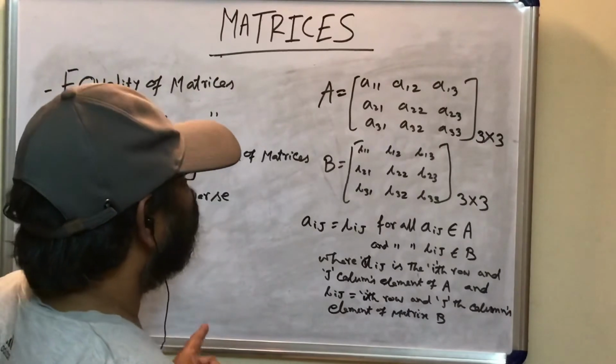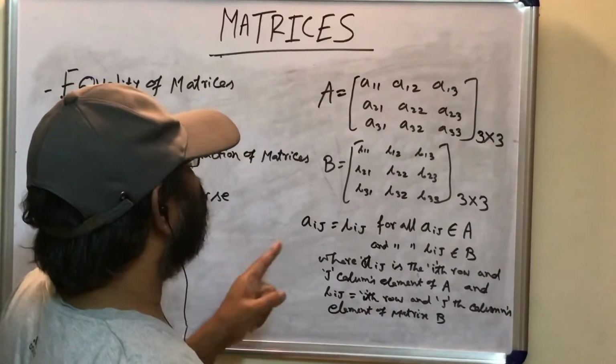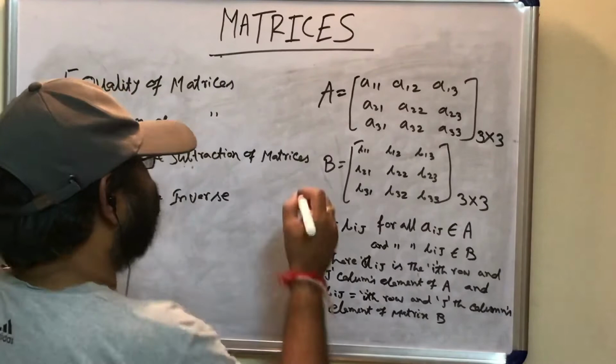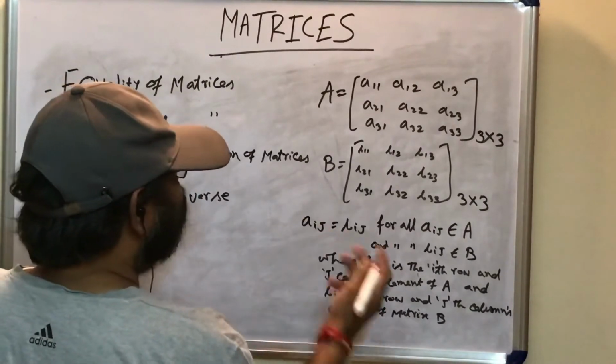It means all the corresponding elements of both the matrices are equal. It means Aij is Bij.